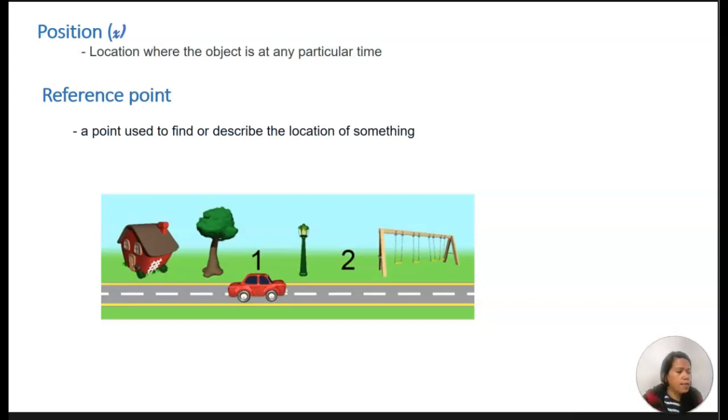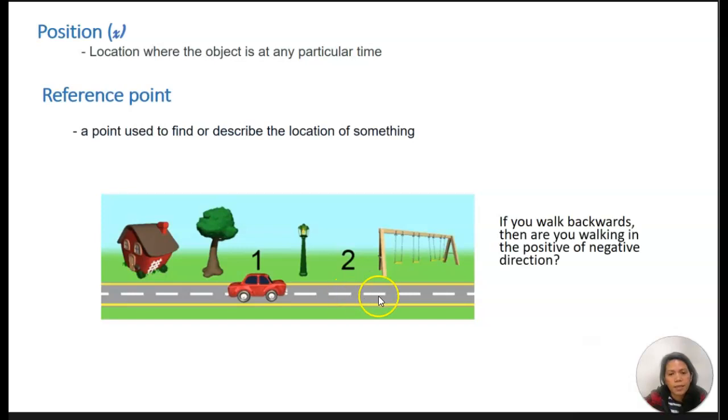In this case, this car is moving in reference to the house. It is behind the house, so it is moving in a positive direction. But in reference to the swing, it is behind the swing, so it's moving in the negative direction of the swing. So that's the reference point.